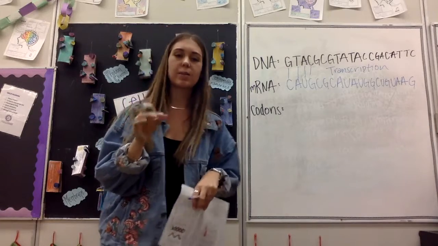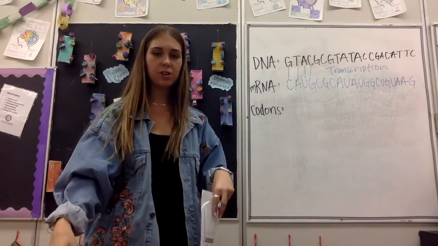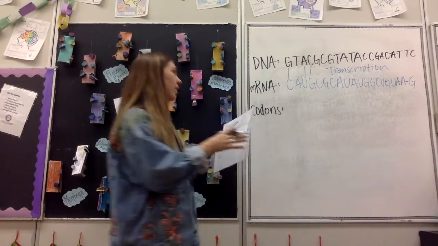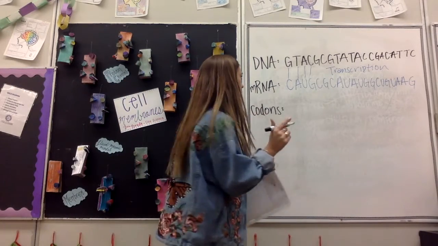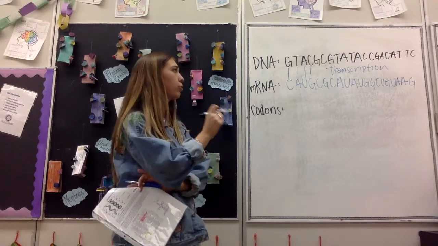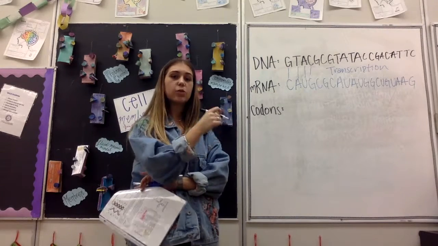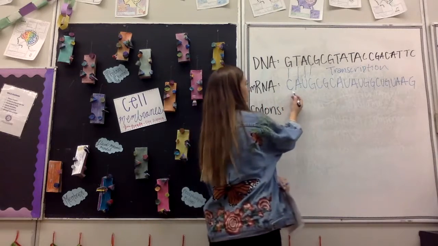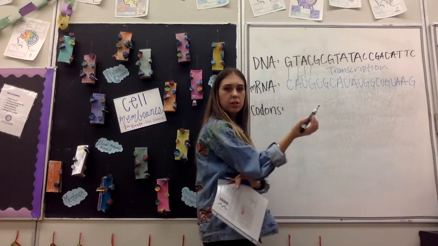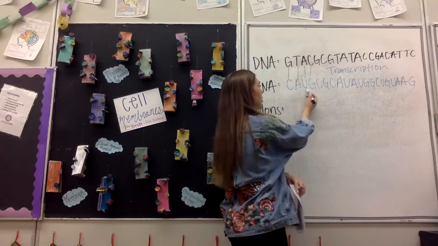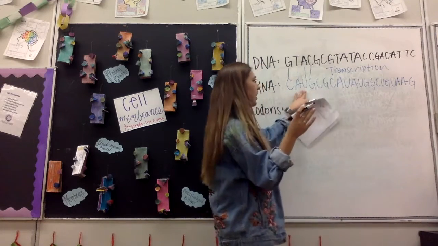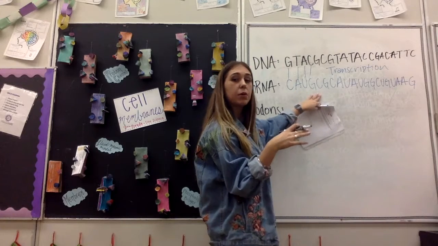So we need to find something that says, okay, our message is going to start now. That's always going to be, no matter what, with mRNA, AUG. So you need to go through here and find where it's going to start. Okay, this is CAU, that's not going to work. So I go to the next one, AUG. Okay, that works.